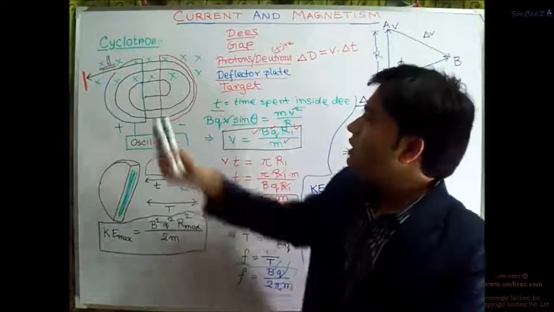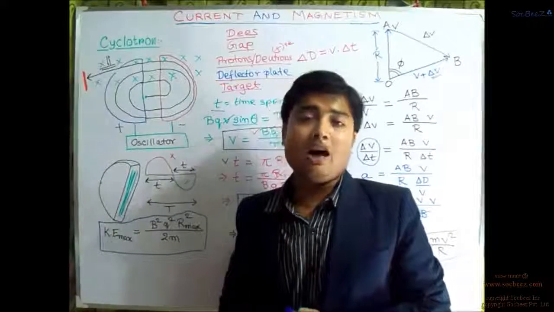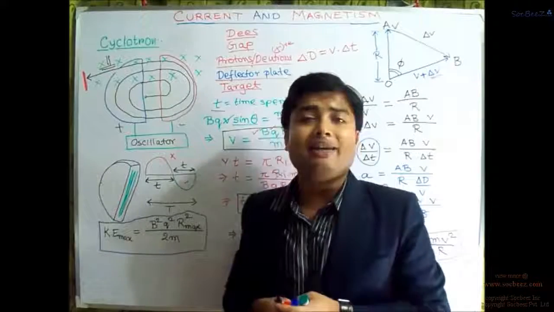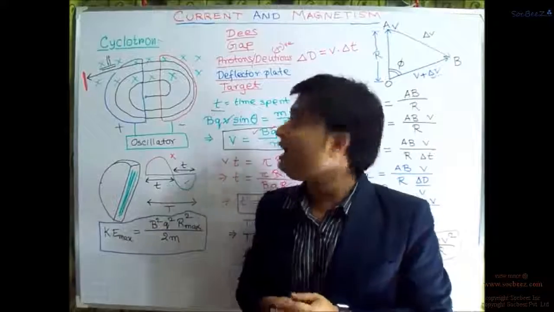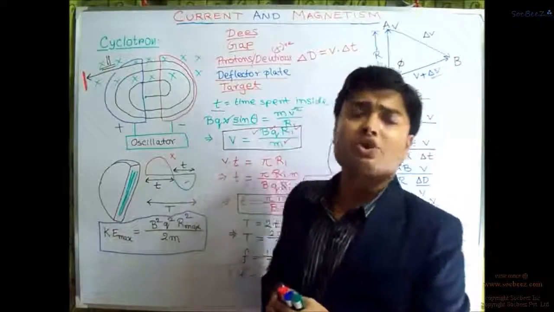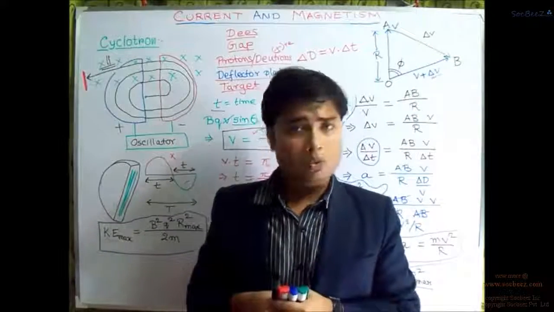Now, say for example, this is hitting a target. Our main question is what the target is, and where the application of the cyclotron is. Cyclotrons are used in various applications related to nuclear physics, right?